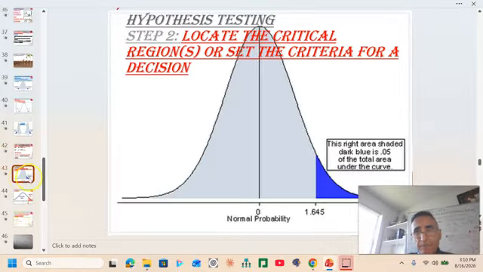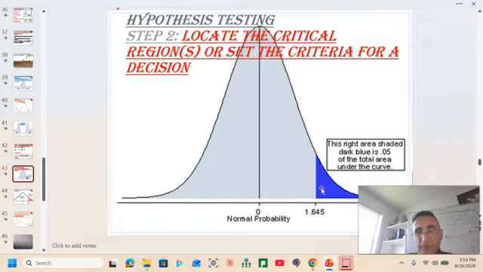And then if it's one tail, then at the alpha, this highlighted blue is called alpha or rejection zone. If it's one tail, then it's 0.05, which means 5%. That's what we talked about earlier. That's proportion, 0.05.